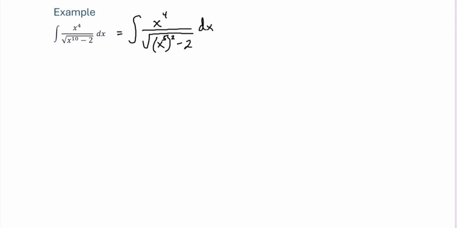From here, we can do a u substitution. We'll let u be x to the 5th. Then du is 5x to the 4th dx. We'll need to divide by 5, so that is 1/5 du equals x to the 4th dx.